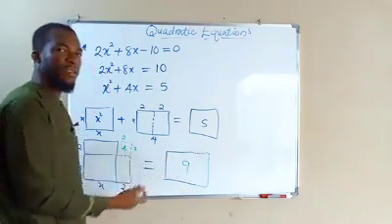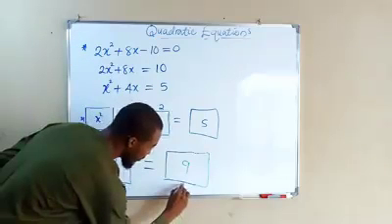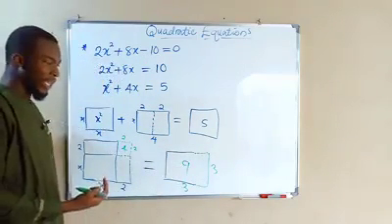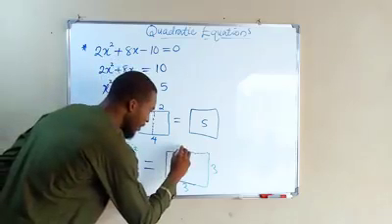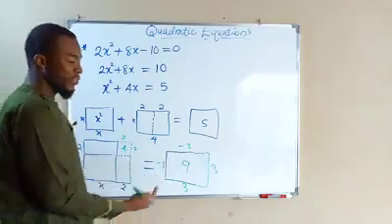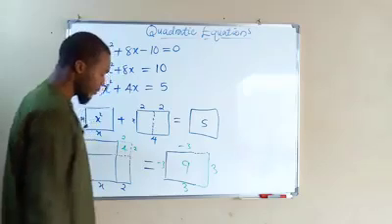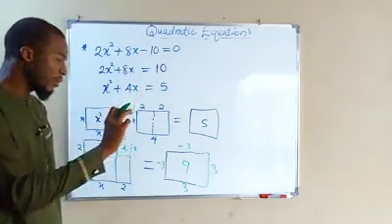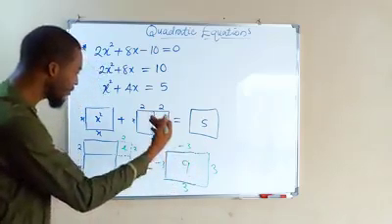Since 9 units is an area, I can write 3 by 3, such that 3 times 3 is equal to 9. Or I can say negative 3 times negative 3, which will still give me 9. Now to find the solution for this quadratic equation, we are going to relate the sides together.